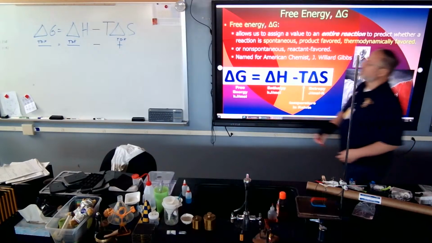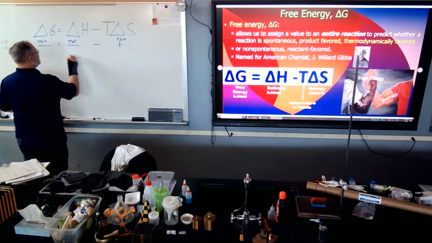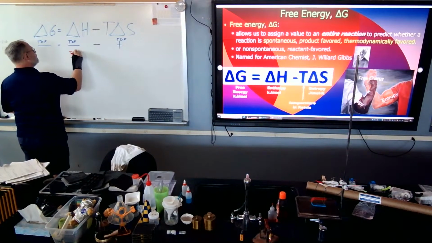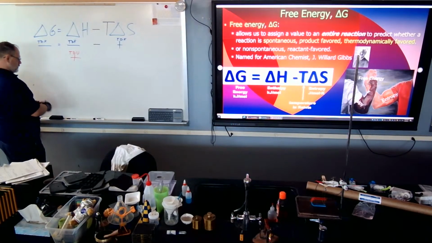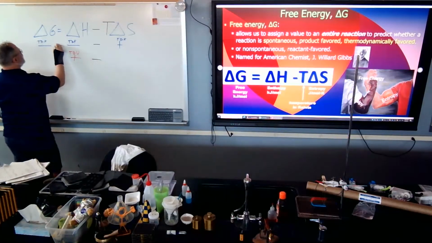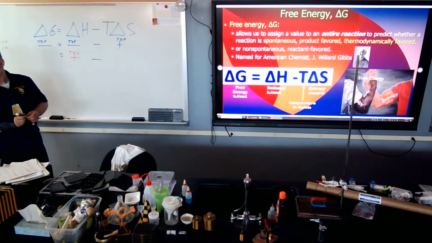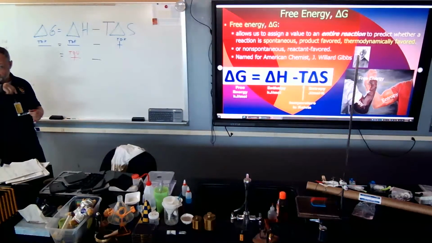If your enthalpy is positive, that is thermodynamically unfavored, minus, equal. You guys realize temperature is always positive, right? Temperature cannot change the sign of delta S, so we make it bigger or smaller. Can't change its sign.